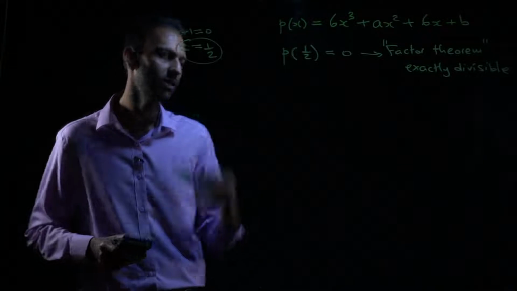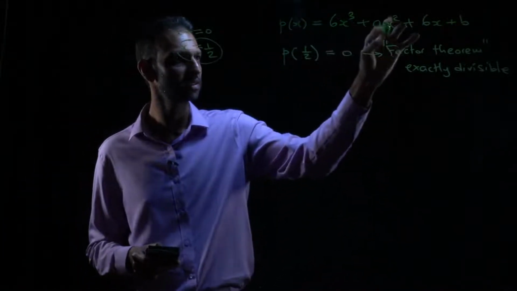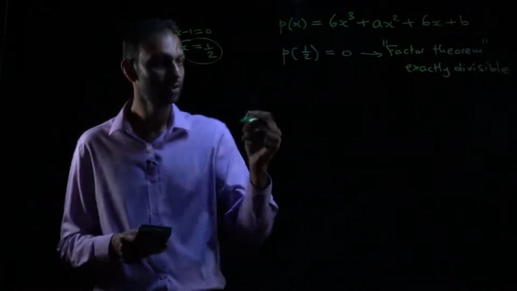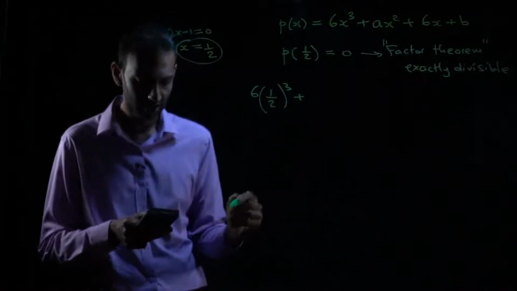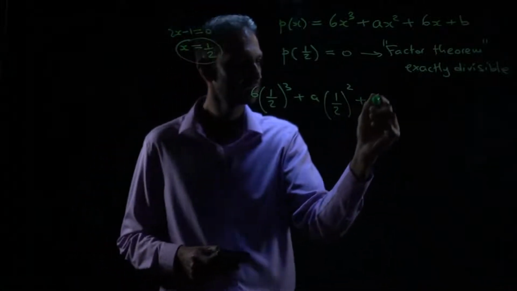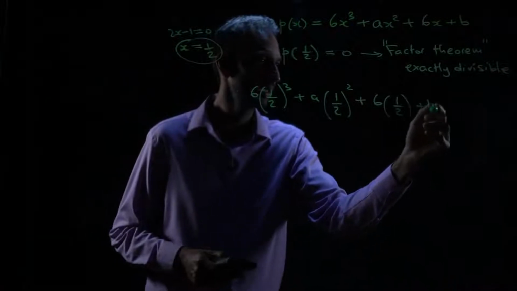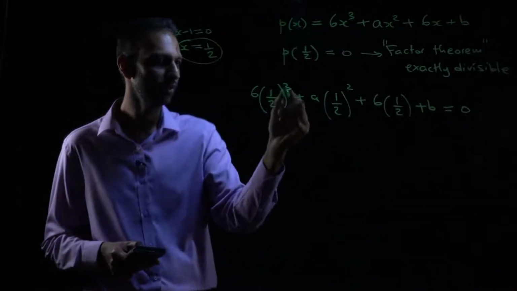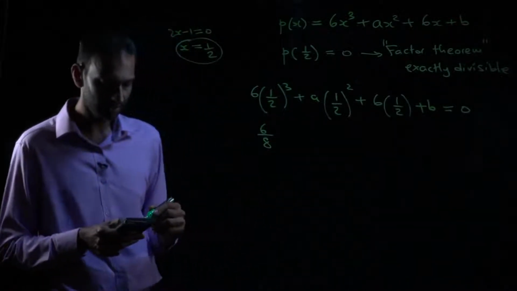Now, let's generate the equation for p of half. P of half means I replace all the x by half in the above polynomial. So that is 6 times half cubed plus a times half squared plus 6 times half plus b, which is equal to 0, because it's exactly divisible. 1 over 2 cubed is 1 over 8, so 6 over 8, as simple as that.